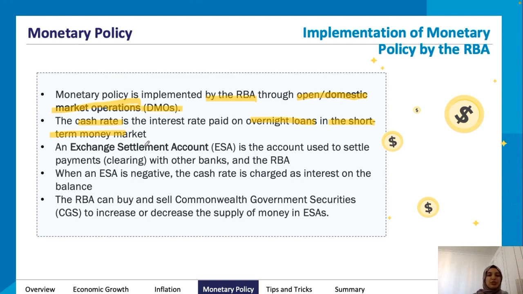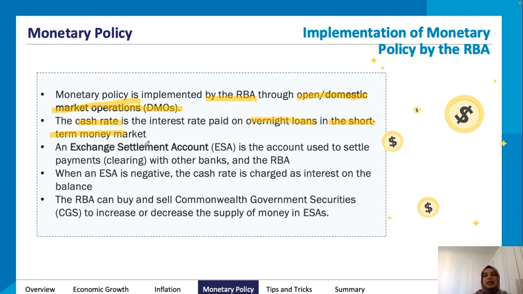So this is not done through your normal account that you would have with your bank. It's done through specific accounts referred to as ES accounts, or ESAs, or exchange settlement accounts. When an ESA is negative, the cash rate is charged as interest on the balance.